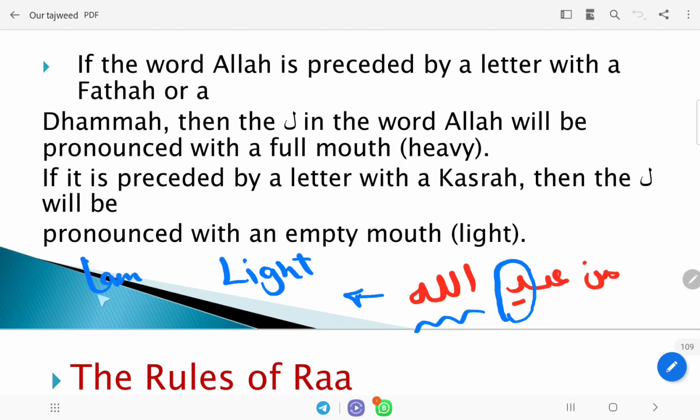Lam is light, and we pronounce it من عند الله.